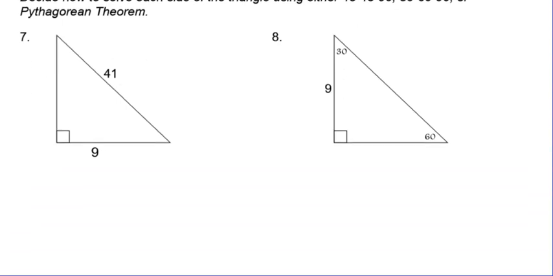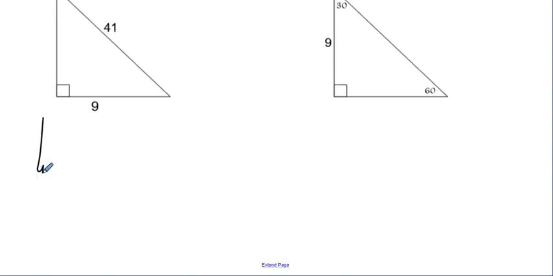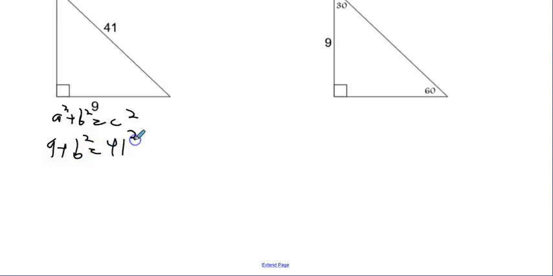All right? Another practice. I don't have any angles, so I'm at the Pythagorean theorem. A squared plus b squared equals c squared. I have a 9. I don't have my other leg, but I have 41. And square it. So 9, oh, that's b squared, sorry.